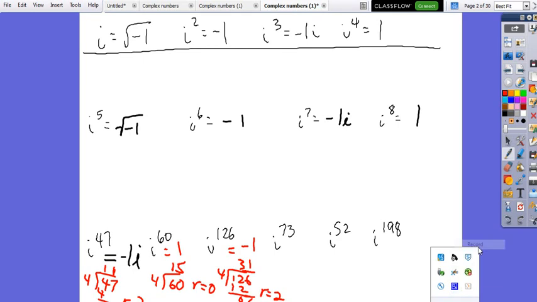Okay, in this next one you've got i to the 73rd. 73 divided by 4 is 18 with a remainder of 1.